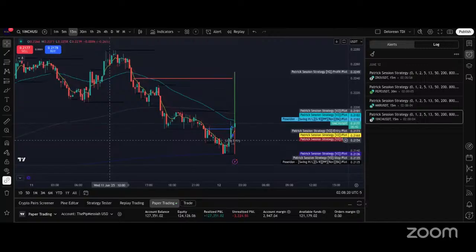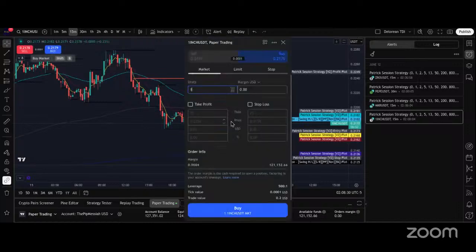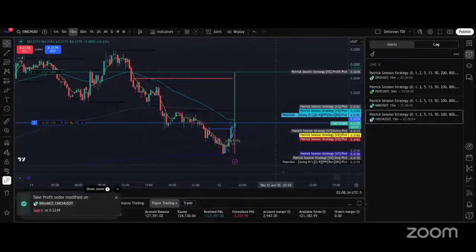That being said, I'm generally going to trust the system as it is, and we are going to make this call to 0.2249. So let's go ahead and put in those parameters. It's going to be a long.